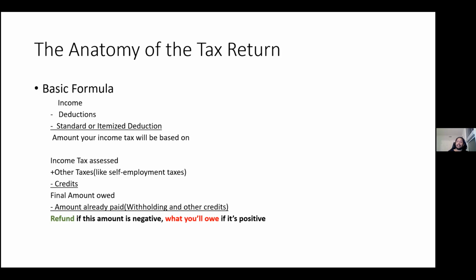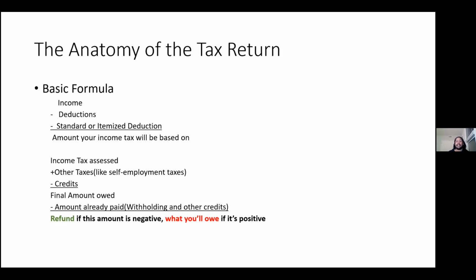If you took all the schedules and forms away, all you'd have is a bunch of numbers unsupported by anything. That's why I said in the beginning that the 1040 is like the torso, and we're going to be putting the head and then the arms and legs on it, and then we'll have a full-fledged tax return.